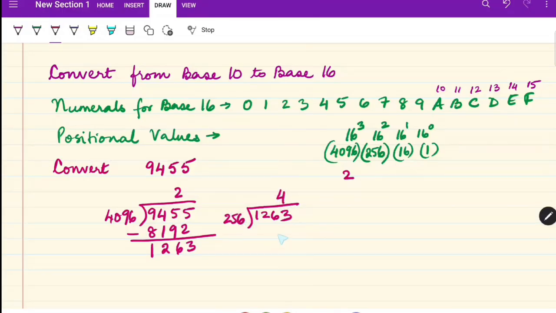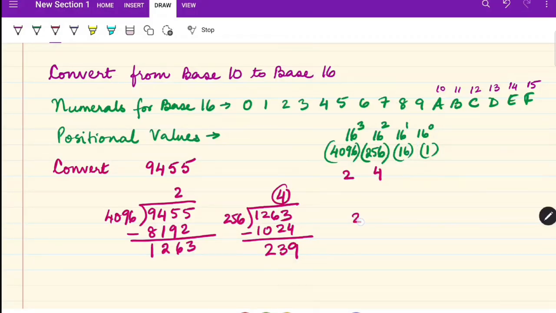So it's 4 for the quotient, and we have 1024, right? Do the subtraction, and we end up with the remainder of 239. And I'm going to put the quotient below its positional value that we divided by, so 4. So now we continue dividing 239 by the next lower positional value, which is 16.